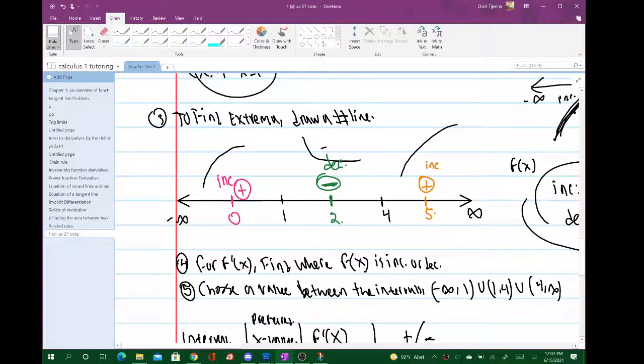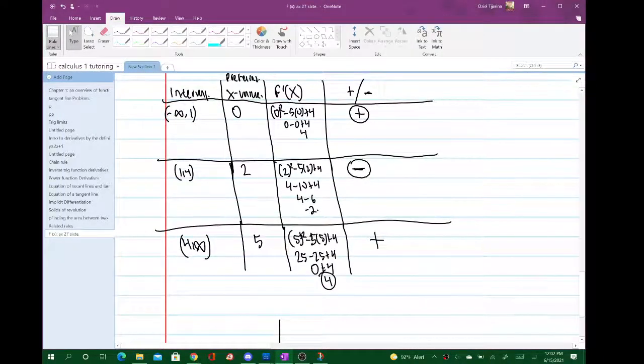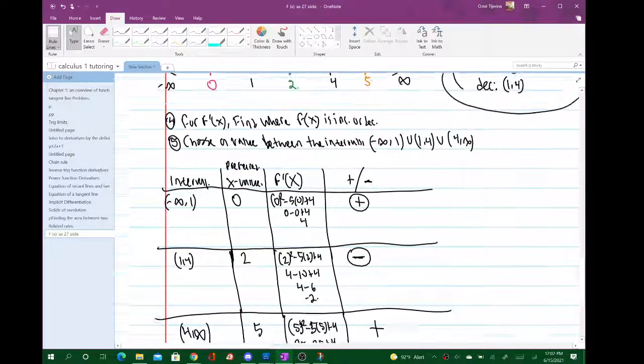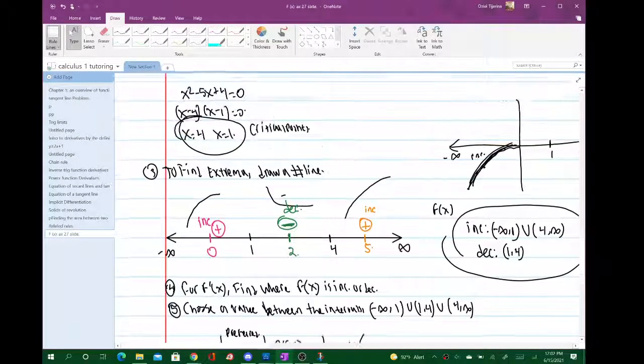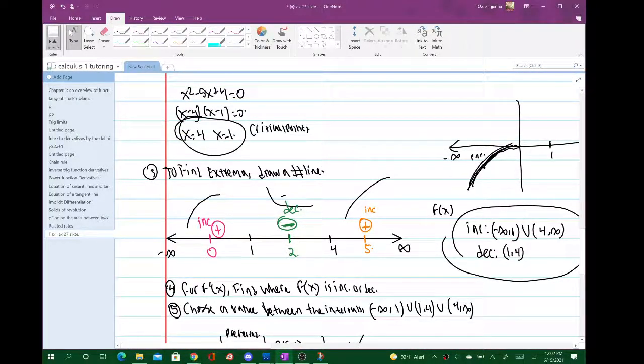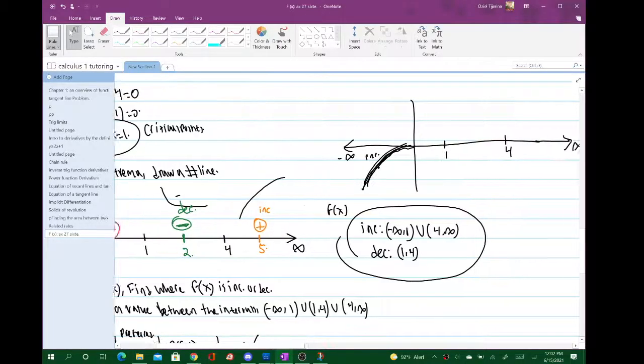I put negative infinity to 0 because I chose 0 as my x value. It's really negative infinity to 1, because that's the interval at which it keeps going, from the critical points that we got.